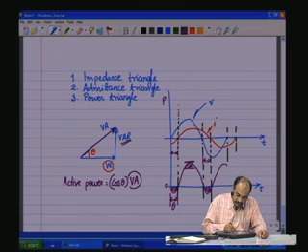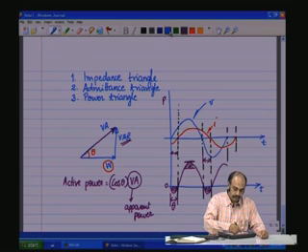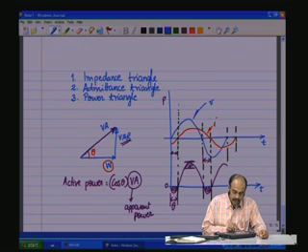This is the apparent power. So, the active power is cos theta, or cos of the power factor angle, into the apparent power. What this implies is, when theta is 0, cos theta is 1. So, active power is same as the apparent power. When theta is 90 degrees, cos theta is 0, active power is 0.